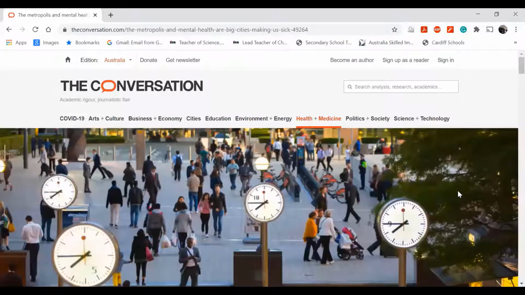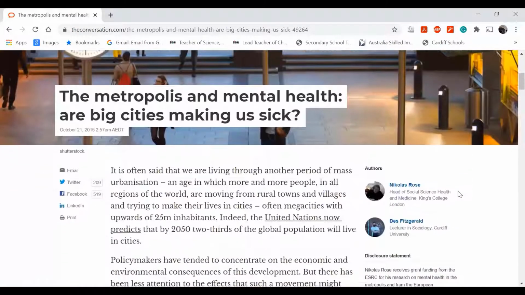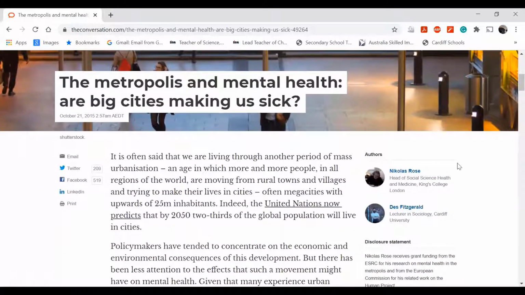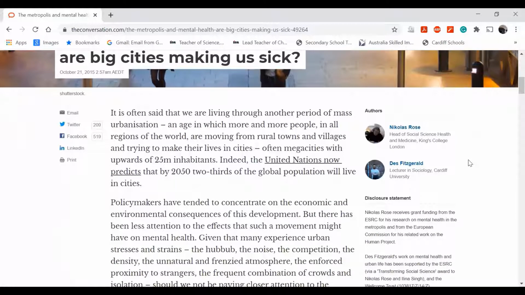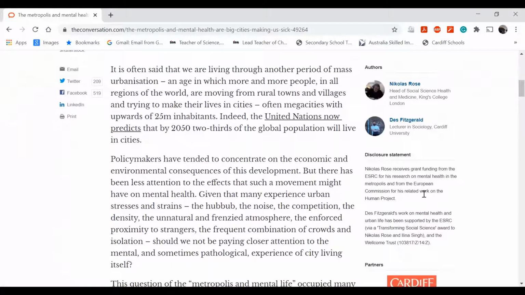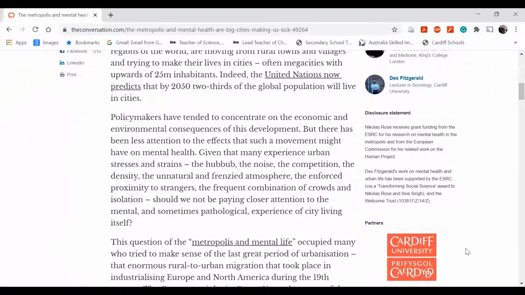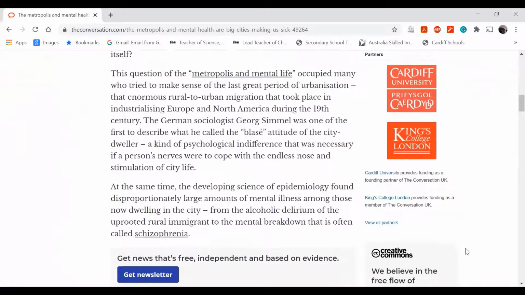Here's another article about how mental health is affected by big cities, and whether they are actually making us sick or not. It's about the idea of experiencing stress in the city, and noise and competition and unnatural atmospheres. How do they all affect our mental life?